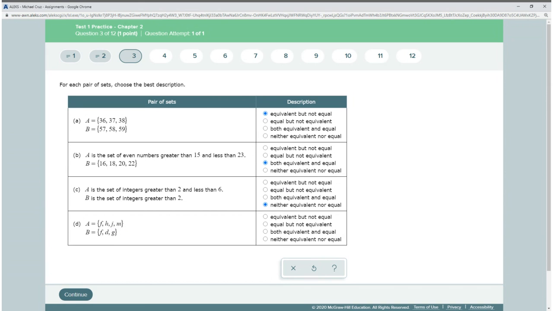But this one has 4 elements, and they are different than these, so this is neither equal nor equivalent. Any questions about that? I know that's a hard thing to grasp, because it took me a while to learn it. It's just a matter of equal means it's the exact same elements, and equivalent just means it's the same number of elements. But if 2 sets are equal, they're also equivalent.